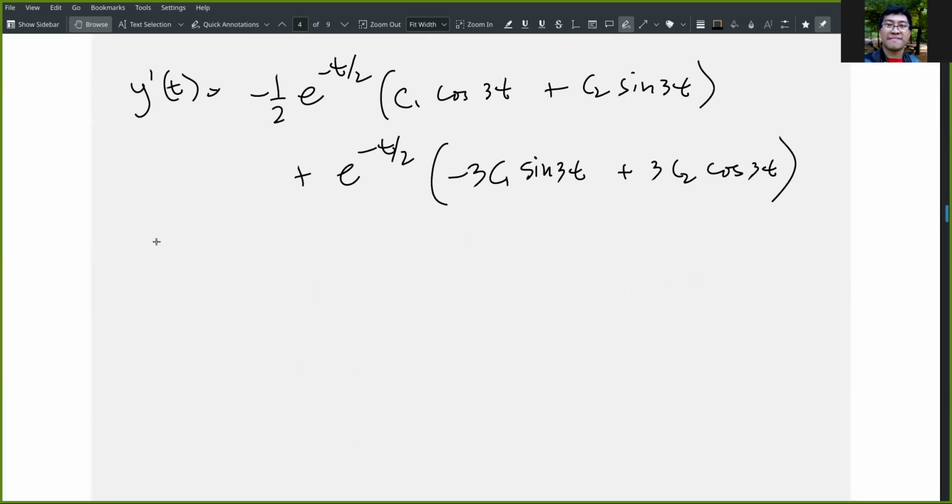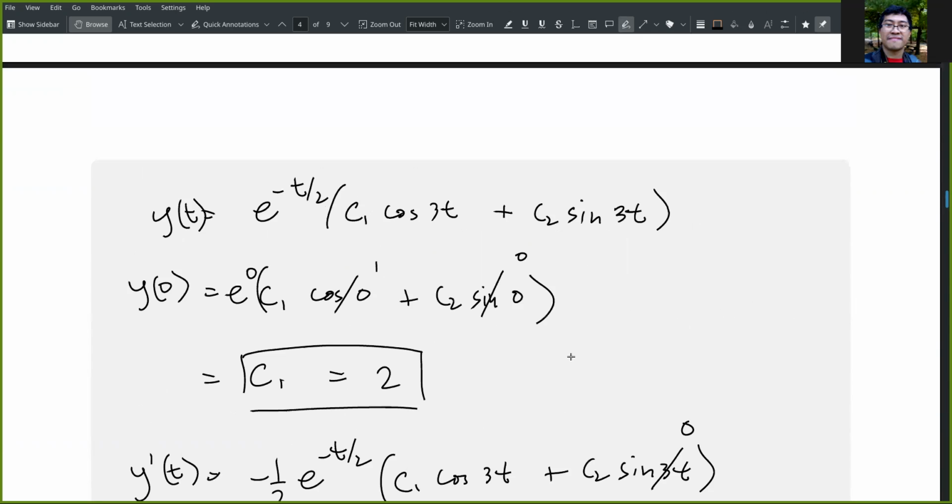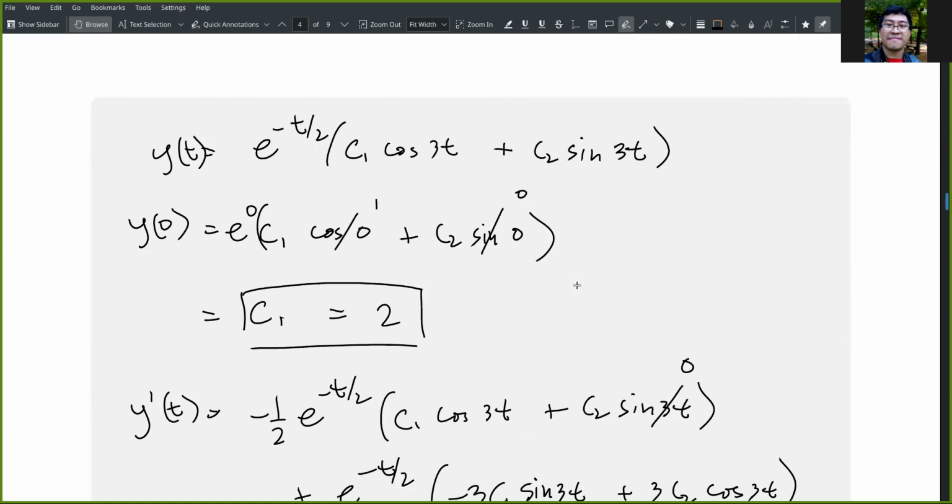Setting time to 0, the exponential becomes 1, so you have minus 1 half c1, since the cosine is 1 and the sine is 0. Then the other term gives plus 3 c2, and this is equal to 8.